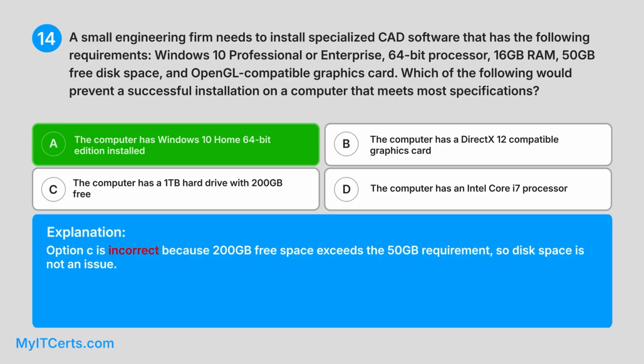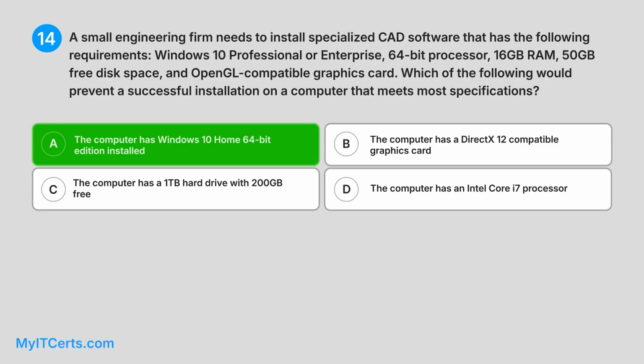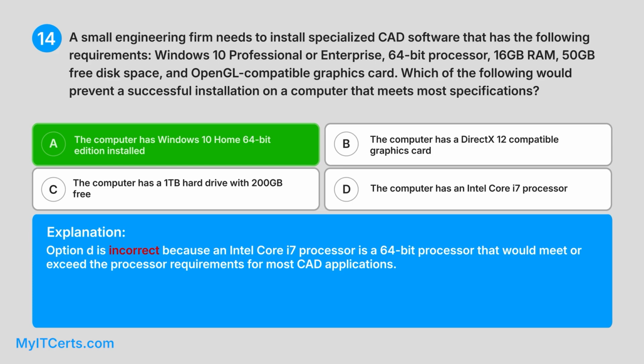Option C, the computer has a 1 TB hard drive with 200 GB free, is incorrect, because 200 GB free space exceeds the 50 GB requirement, so disk space is not an issue. Option D, the computer has an Intel Core i7 processor, is incorrect because an Intel Core i7 processor is a 64-bit processor that would meet or exceed the processor requirements for most CAD applications.